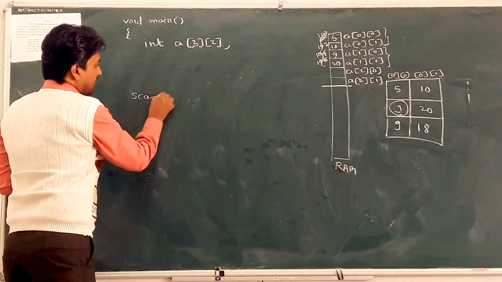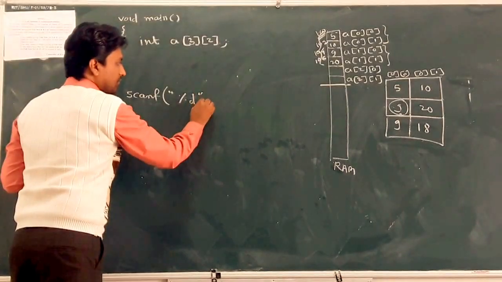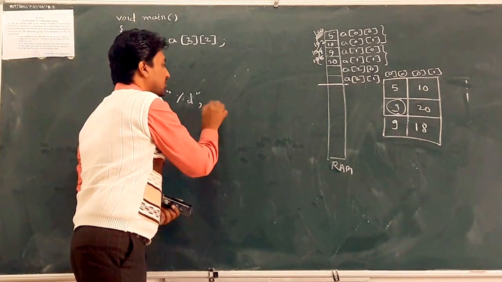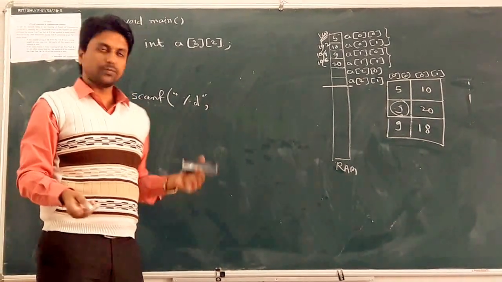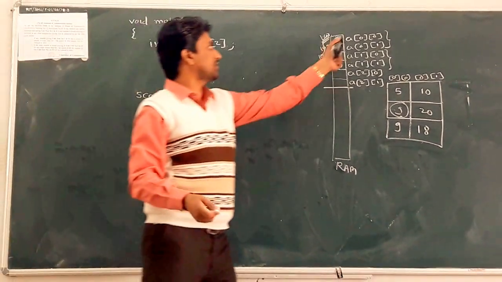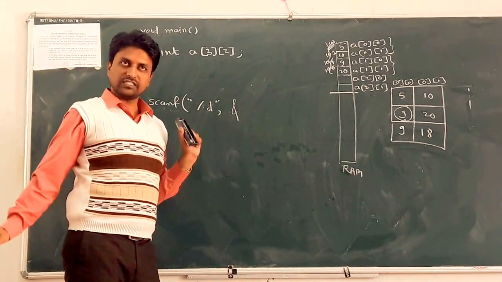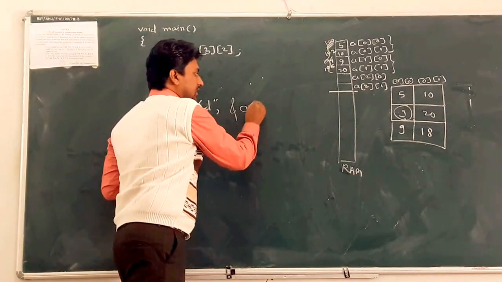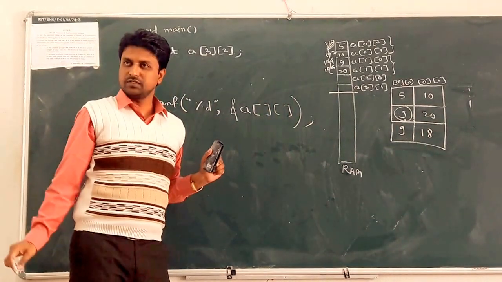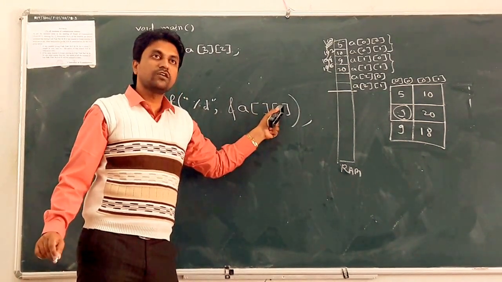For example, scanf %d for scanning one integer value at a time. But where to store the first element? Suppose we scan the first element and store it at the location A of 0 0. So use ampersand for scanning, then the name of the array, then two subscripts. The first gives you the number of rows, the second gives you the number of columns.